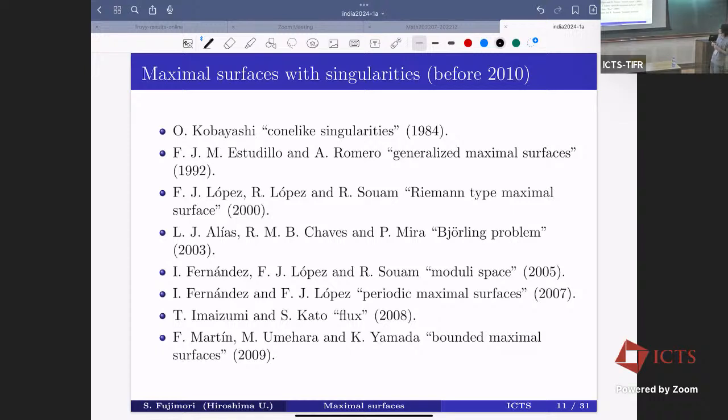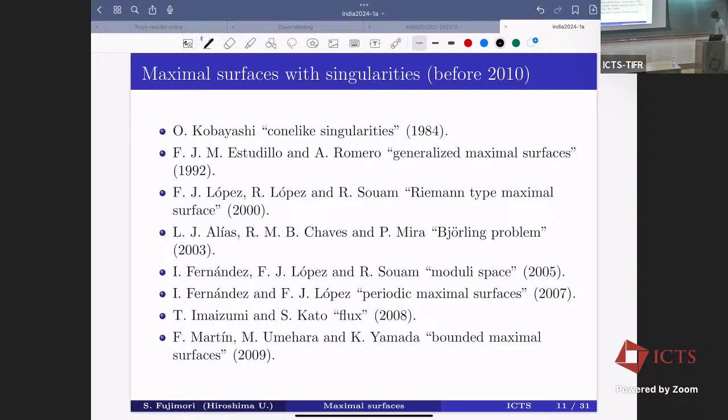As far as I know, Osamu Kobayashi investigated some properties of maximal surfaces with cone-like singularities. And then in the 1990s, Estudillo and Romero defined the generalized maximal surfaces.